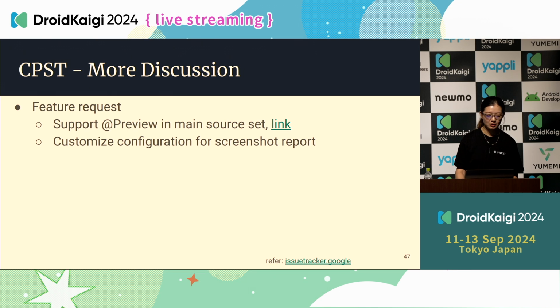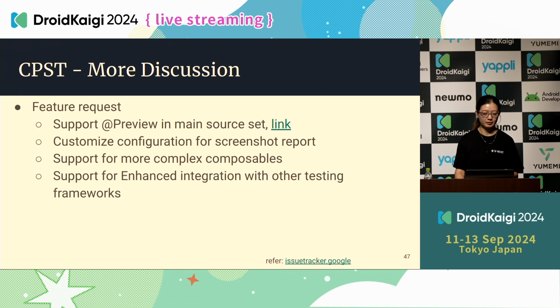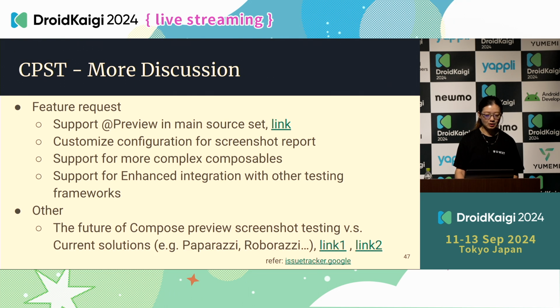And other requests like more customization, support for more complex composables, or integration with other frameworks. Also, here is a hot discussion where people are concerned about the future of CPST versus current solutions like Paparazzi and Roborazzi. They're concerned about how they work together or how to migrate.